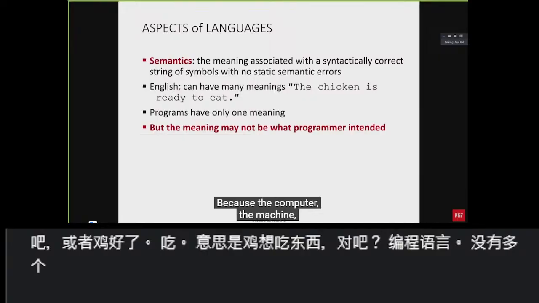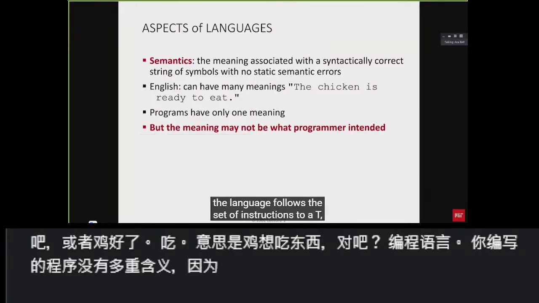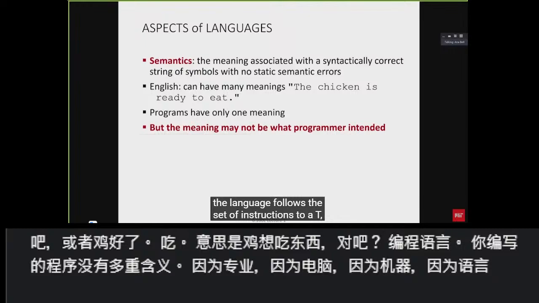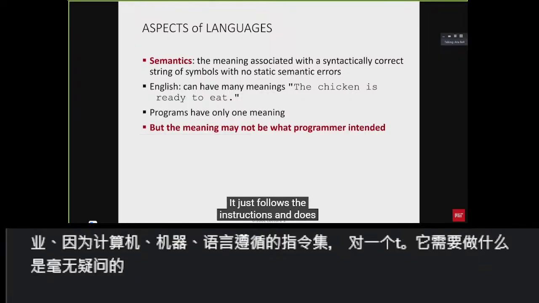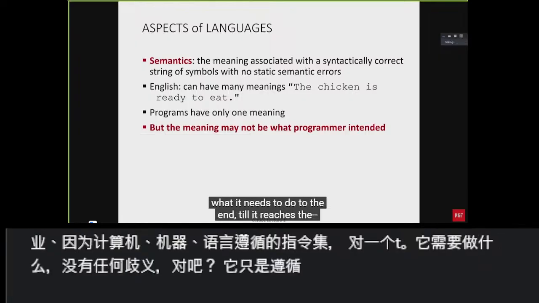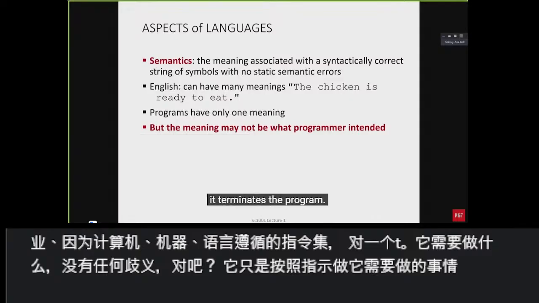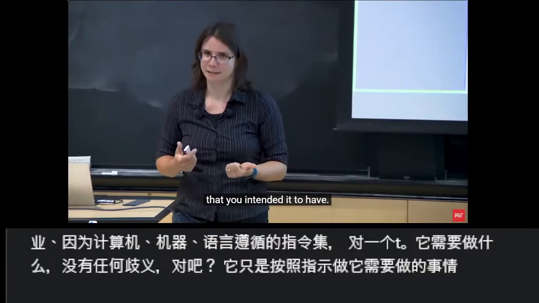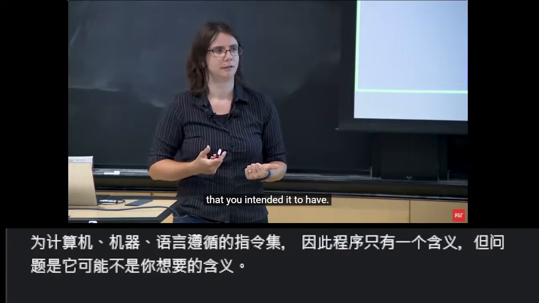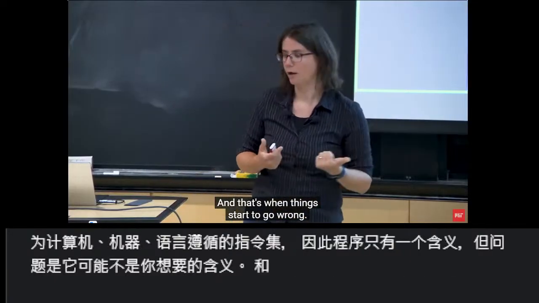Because the computer, the machine, follows the set of instructions to a T, there is no ambiguity about what it needs to do. It just follows the instructions and does what it needs to do until it terminates the program. And so programs only have one meaning, but the problem is it might not be the meaning that you intended it to have. And that's when things start to go wrong.